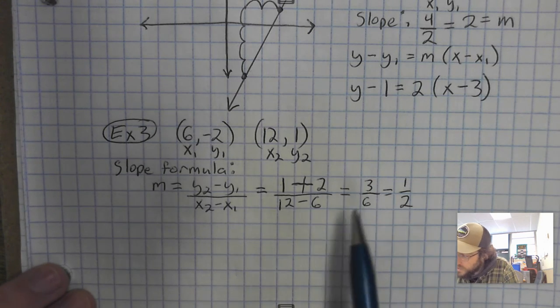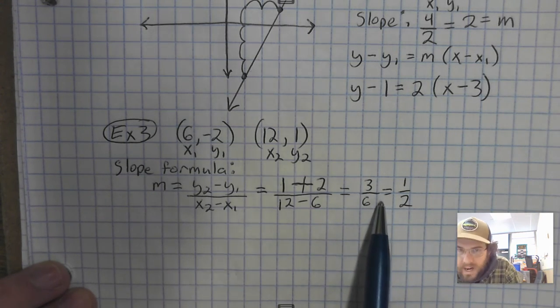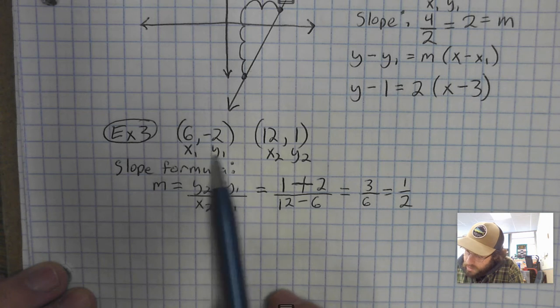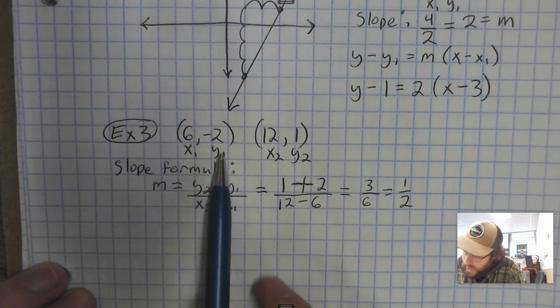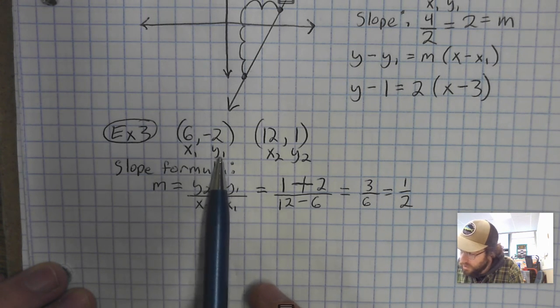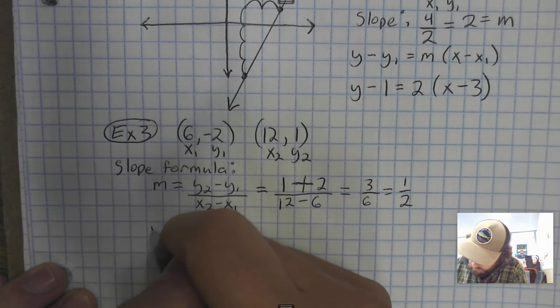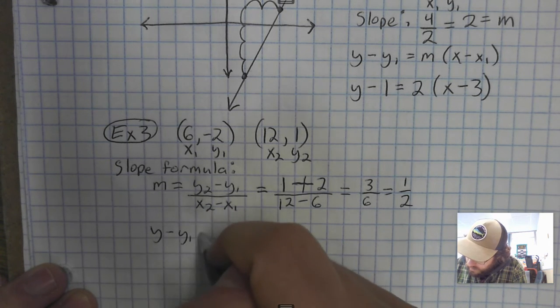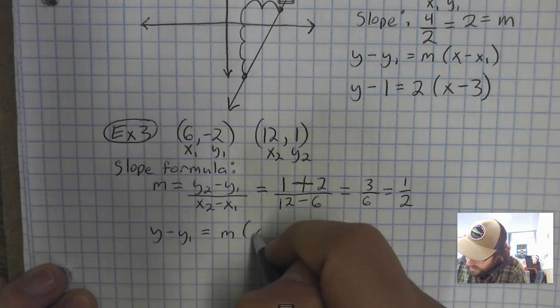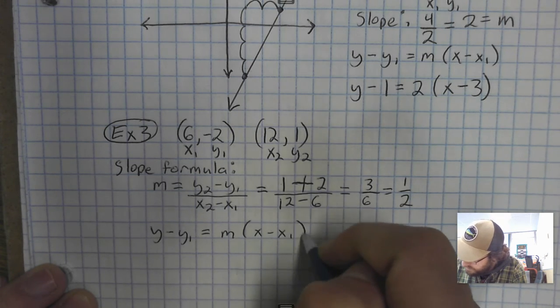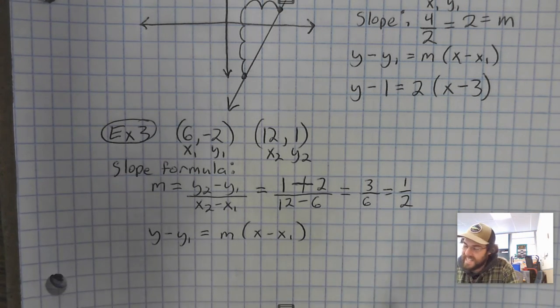So I've got my slope, and it's point-slope form. Do I have a point? Yeah, I do. I'm going to use this one right here. It's already labeled x1, y1, so I'm good to go. Y minus y1 equals m x minus x1. Repetition is the key.